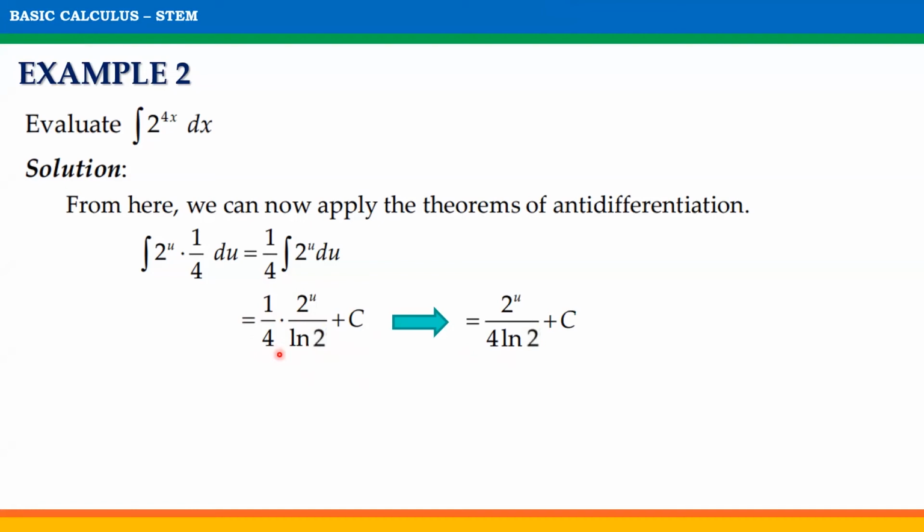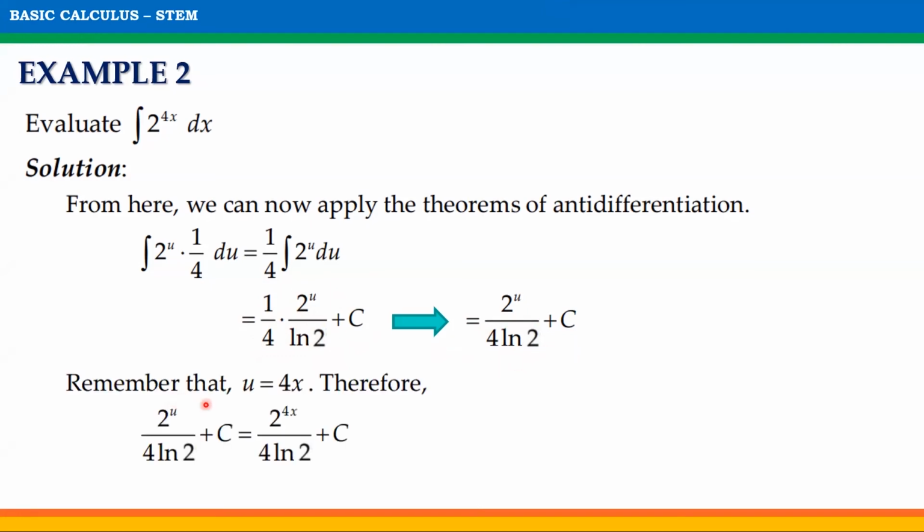Multiplying 1/4 and this expression, we will have 2 raised to u divided by 4 ln 2 plus the constant c. Now, remember that u is equal to 4x. Therefore, we can express our final answer as 2 raised to 4x divided by 4 ln 2 plus c.